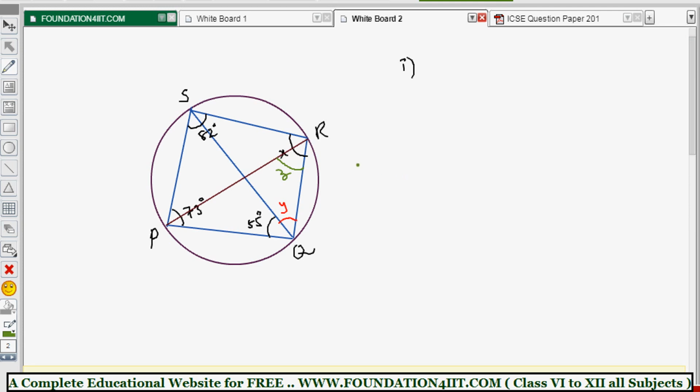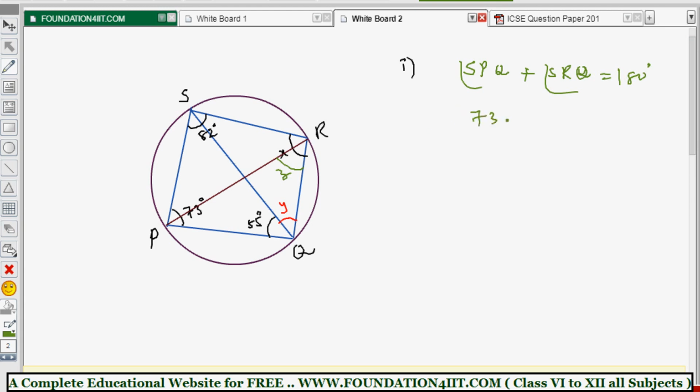If you observe the properties, we know in any cyclic quadrilateral, the sum of the opposite angles is 180. So PQRS is a cyclic quadrilateral. First we find out x. Angle SPQ plus angle SRQ should be 180, because the sum of opposite angles is 180.